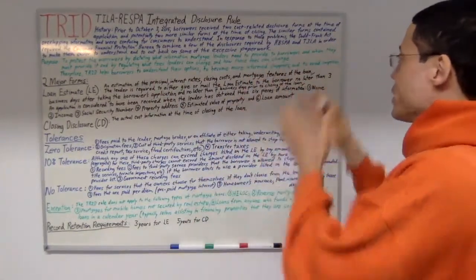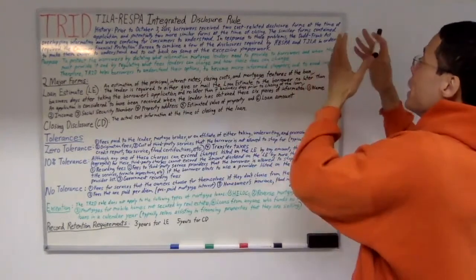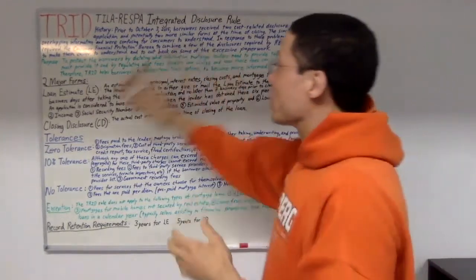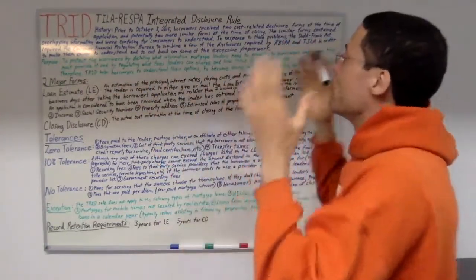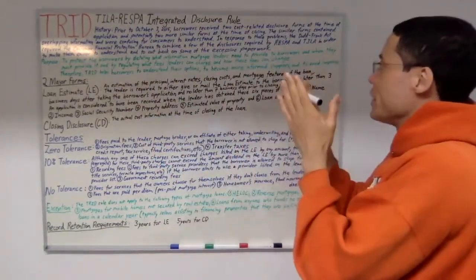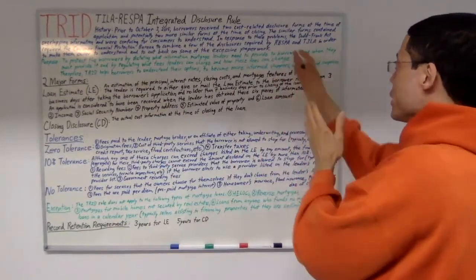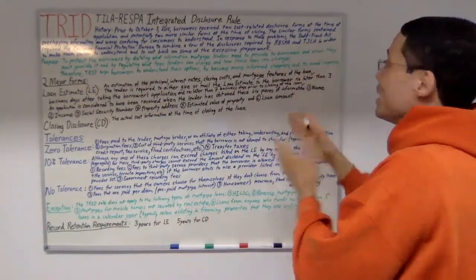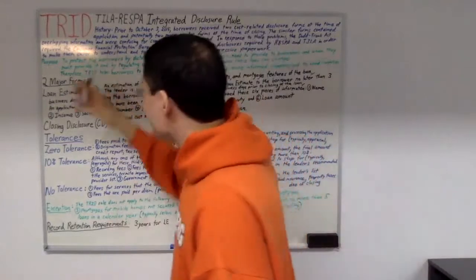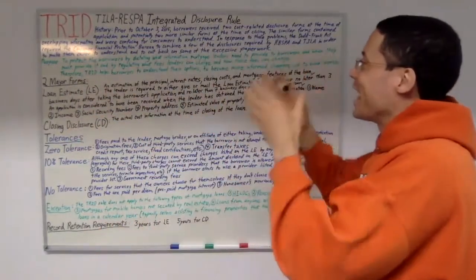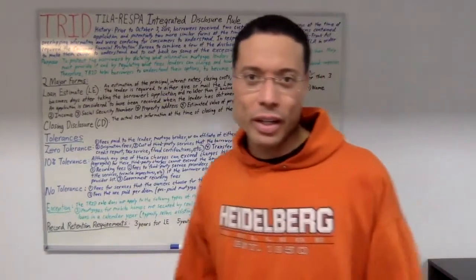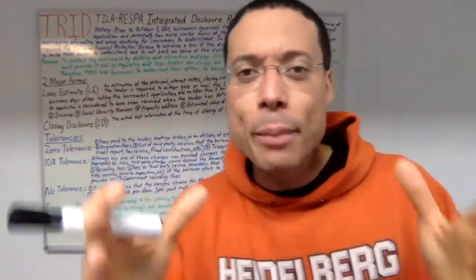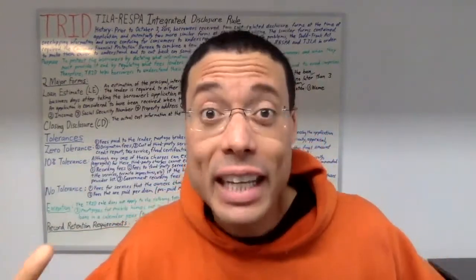In response to these problems, the Dodd-Frank Act required the Consumer Financial Protection Bureau to combine a few of the disclosures required by RESPA and TILA in order to make them easier to understand and to cut back on some of the excessive paperwork.